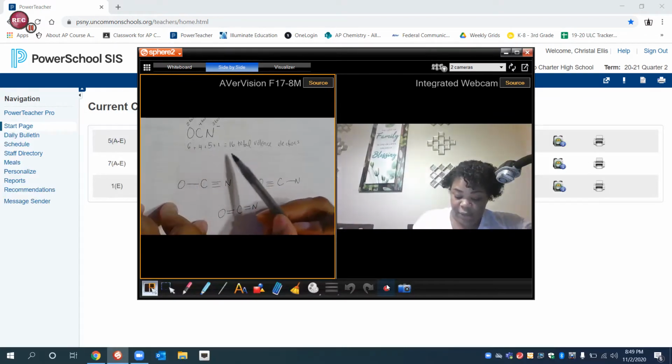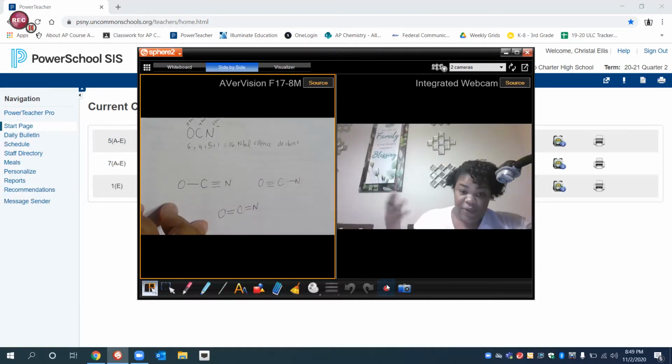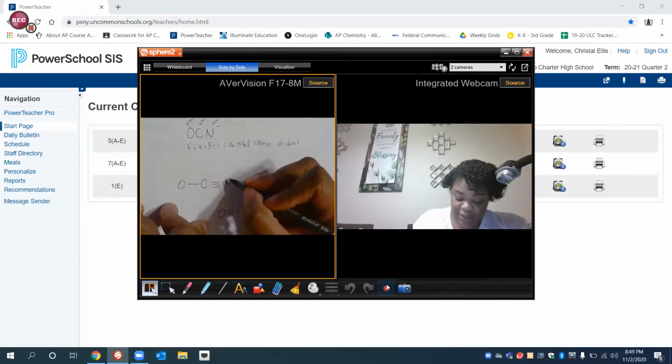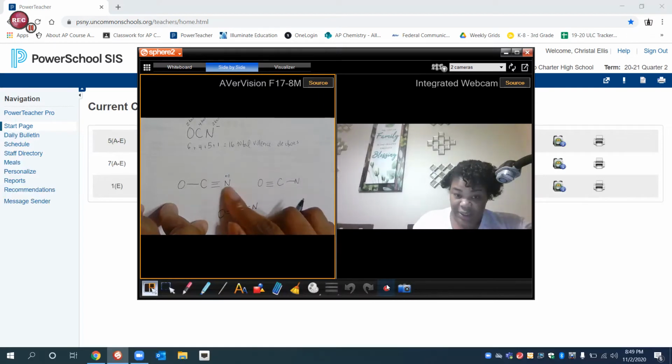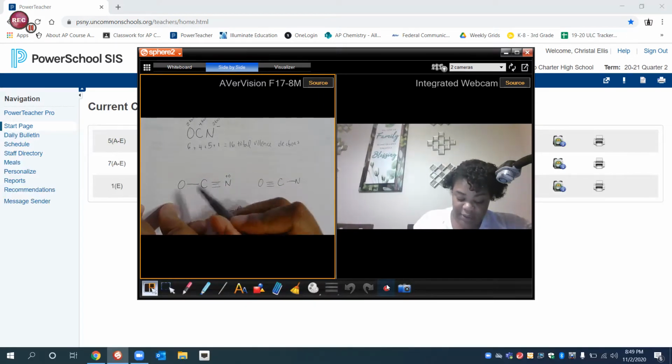Now we need to account for the 16 total electrons. Right now, we have 2, 4, 6, 8. We need to make sure that we get up to 16. Looking at nitrogen, nitrogen currently has 2, 4, 6, which means nitrogen only needs 2 more to get its octet. Carbon already has its octet, 2, 4, 6, 8.